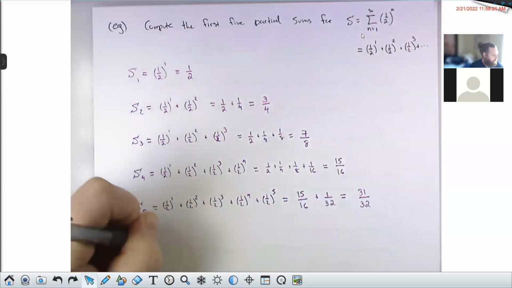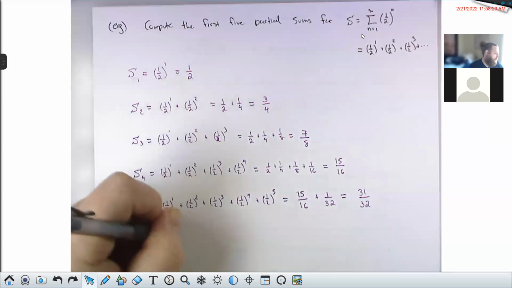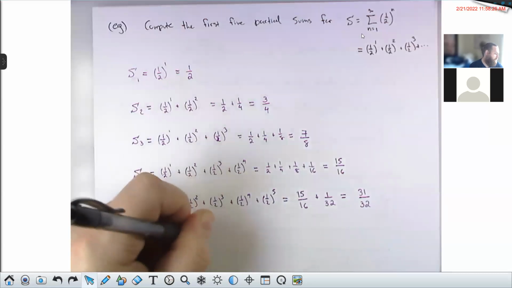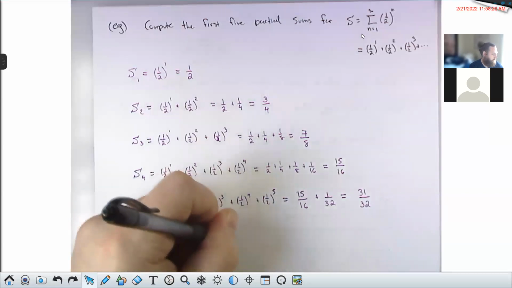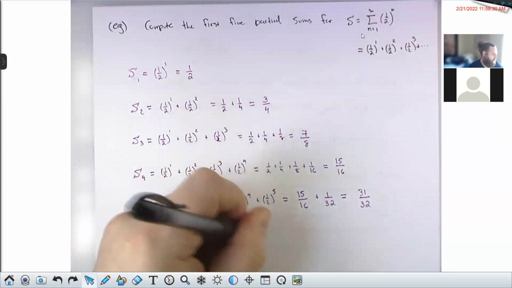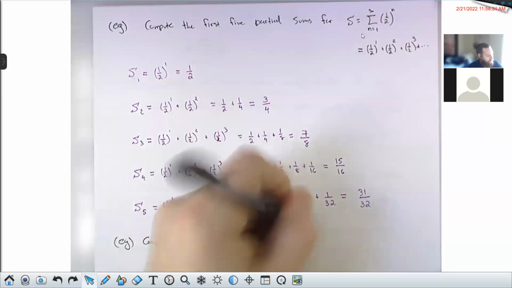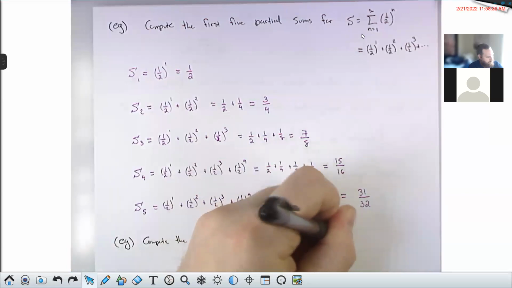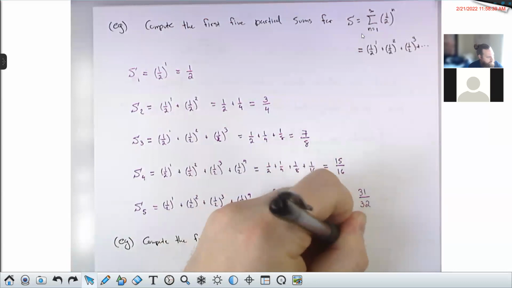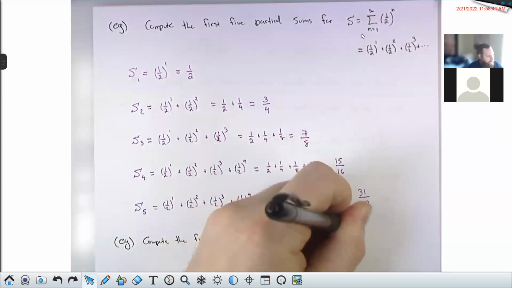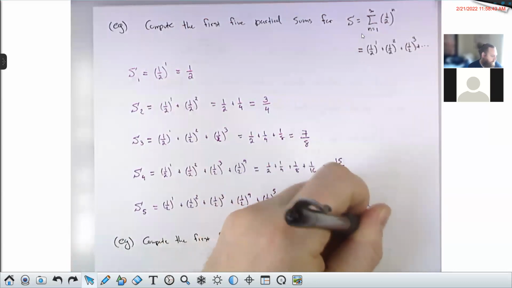So again, compute the first 5 partial sums for the infinite series here. This time we'll use S equals sigma, going from 0 to infinity, of (-1) to the n.